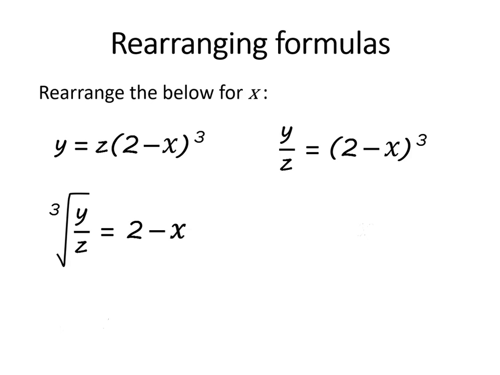We can then add x to both sides, which will give us the following. Finally, to get x on its own, we can subtract the cube root of y over z from both sides, giving us a final arrangement of x equals 2 minus the cube root of y over z.